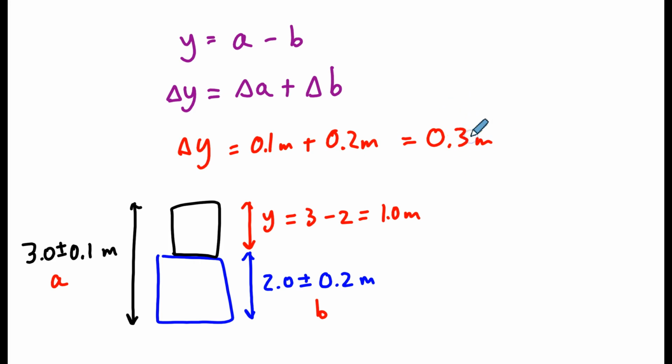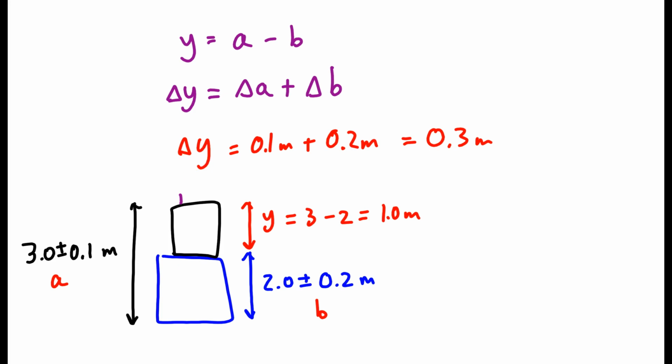To understand why this makes sense, we do something similar to the prior example. How big could this block y actually be? Well, maybe the total is 0.1 higher, and maybe blue is 0.2 lower. That means that the black would be 0.3 bigger than we originally had measured.